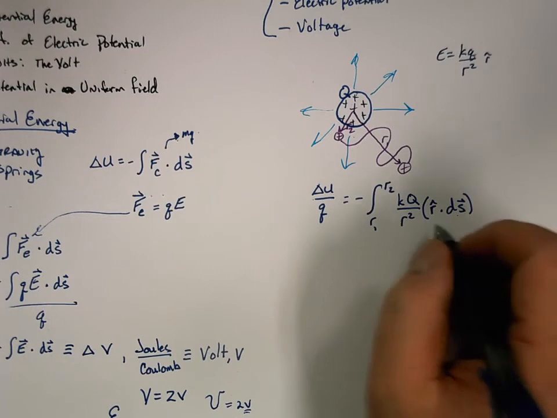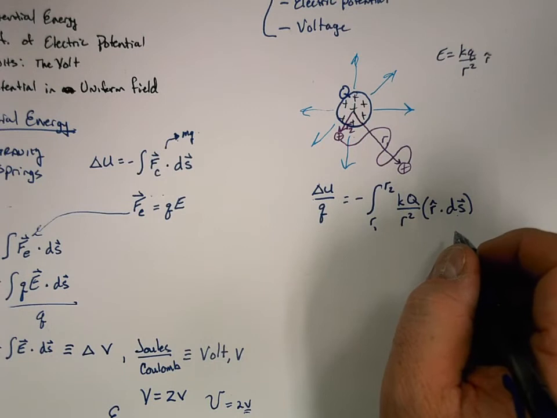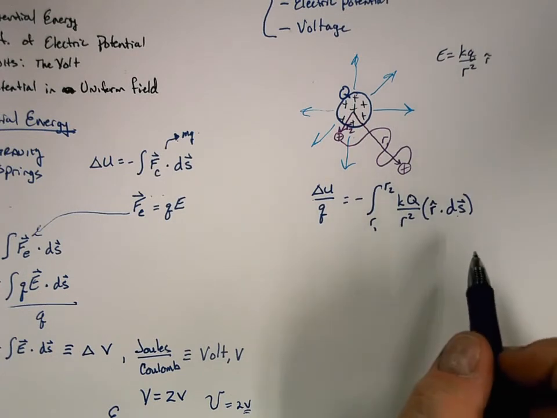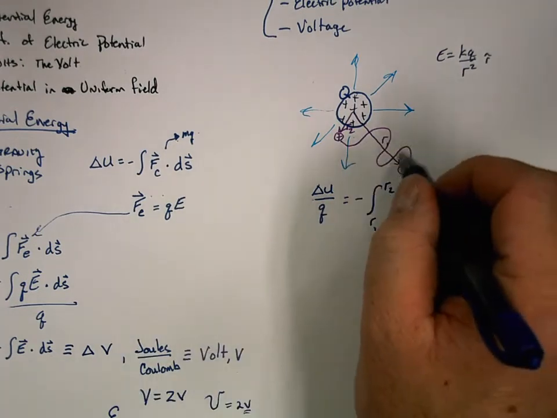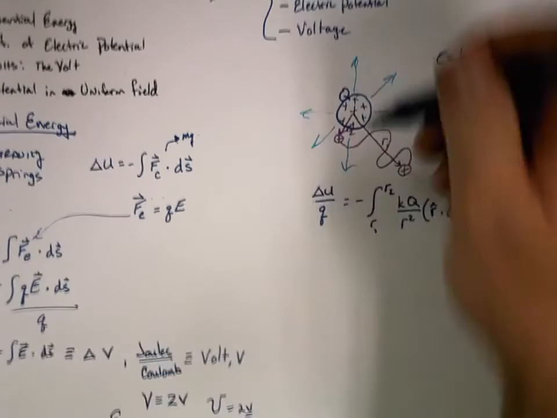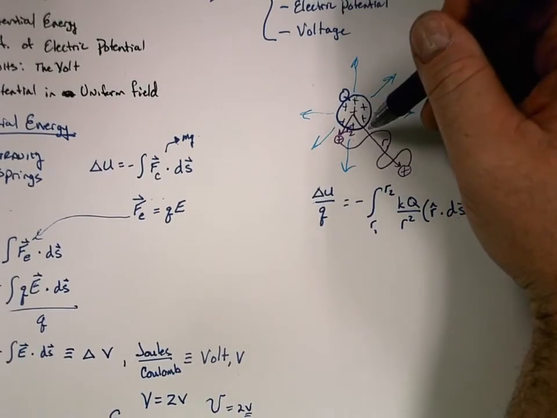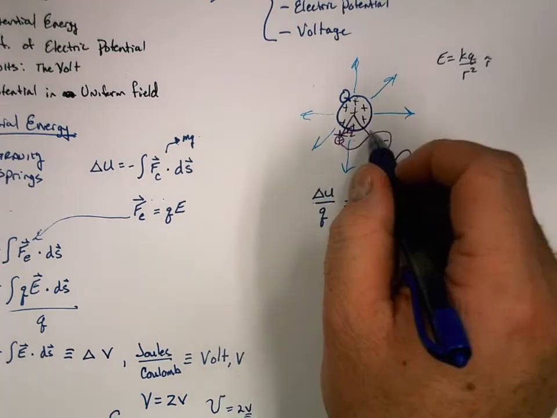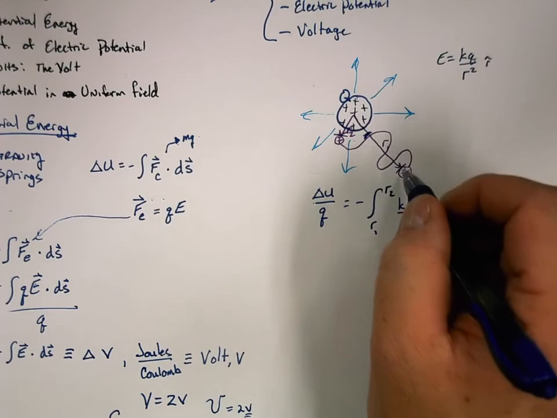That the ds, the change in our position in the r hat direction, is just our change in r. As we move through here, how much closer do we get? It's just dr, right? This distance here is our total change in r.